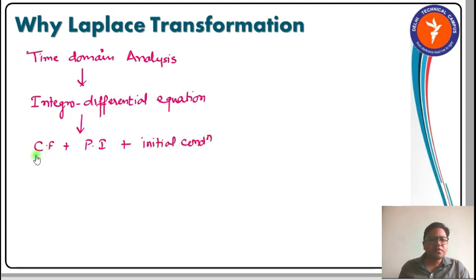That is, we first calculate a general solution, then using the initial conditions we finally get the result.